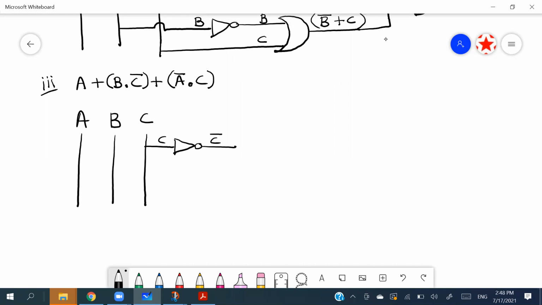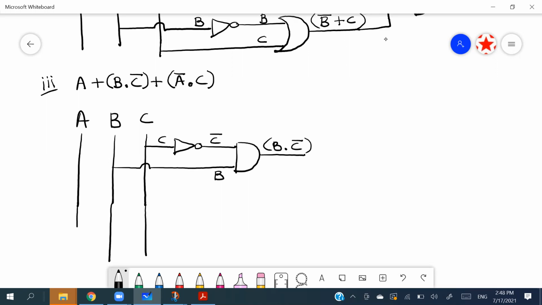Then we create B dot C bar. Here it comes, and it goes through an AND gate. This contains B, so this is going to be B dot C bar.